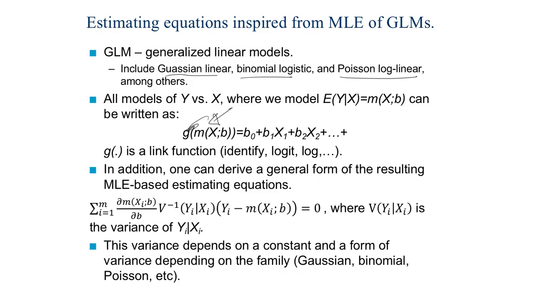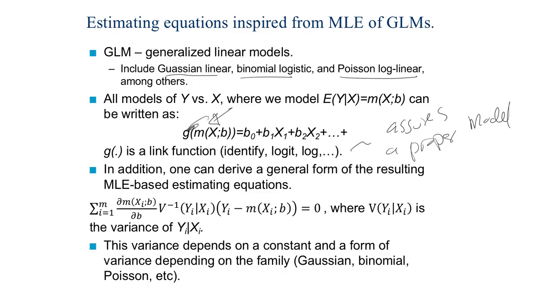So G is called the link function, and that's how we make sure the model is proper. It assures that no matter what I put in for the b's and the coefficients and the x's, I will get out a predicted value for the conditional mean that respects the natural bounds.